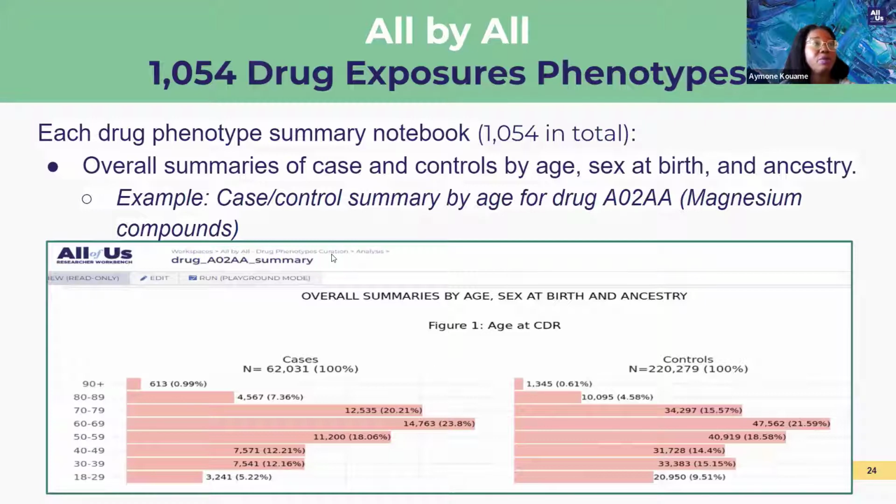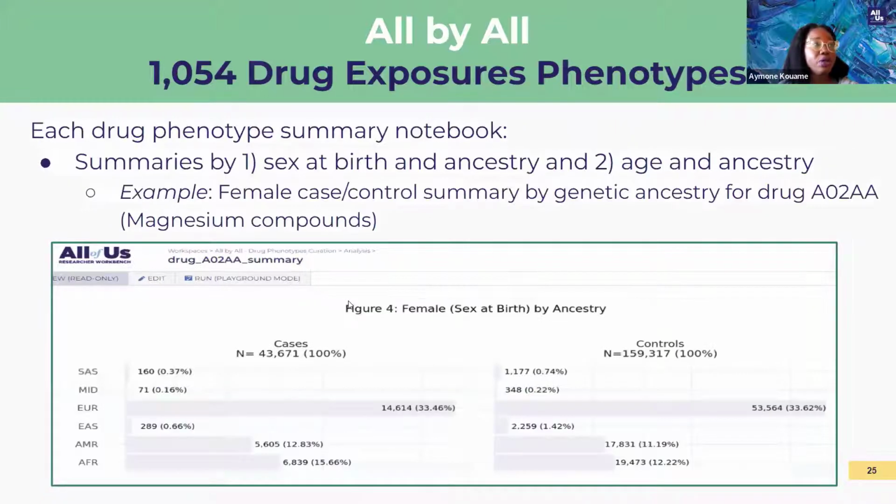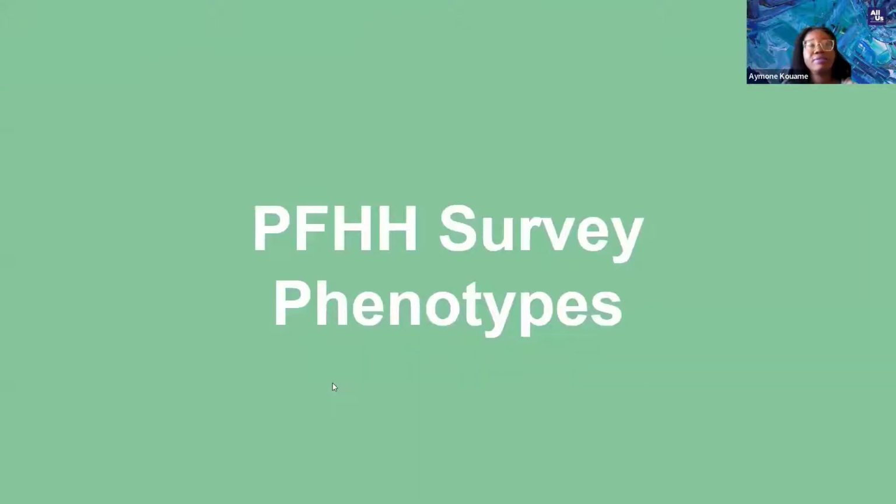And then you also have a more detailed summary by two variables: sex at birth and ancestry, and age and ancestry. When I say sex at birth, I mean the individual sex at birth values. So you have female sex at birth and ancestry, and male sex at birth and ancestry, for both cases and controls. So it's very detailed. And that's basically what the workspace looks like.